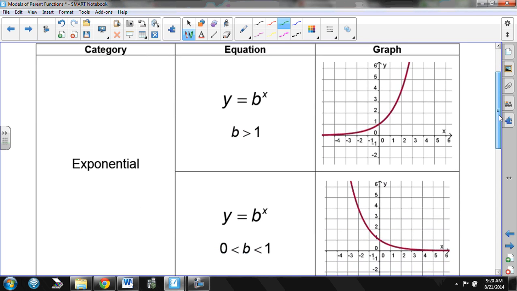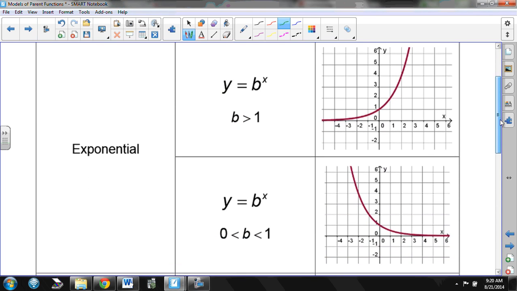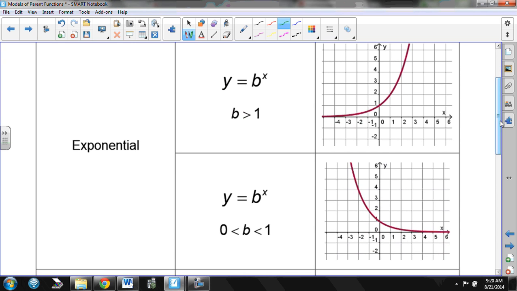The next type of parent function that's shown is what's called the exponential parent function. It is called exponential because our x value is in the exponent.